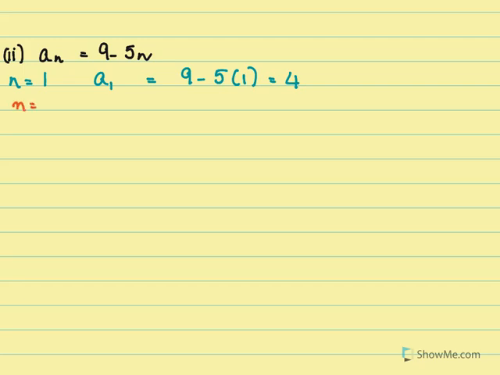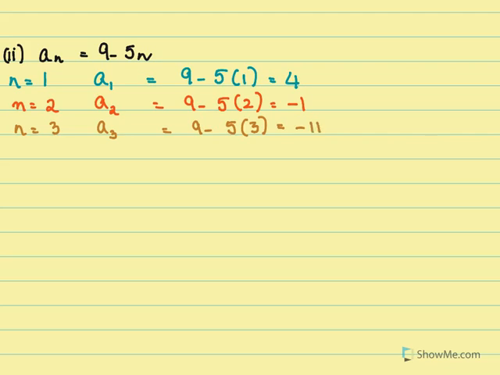To find the second term, n equal to 2 will give 9 minus 5 into 2, and my second term will be minus 1. For the third term, we put n equal to 3, so we get a3, which is 9 minus 5n, so n is 3, and this would be minus 6.